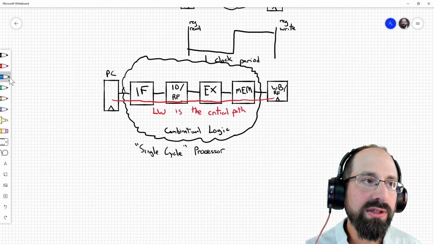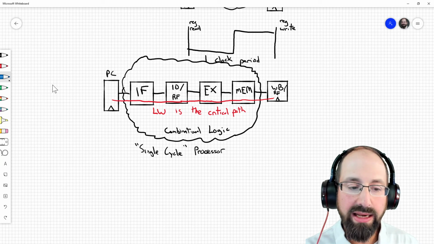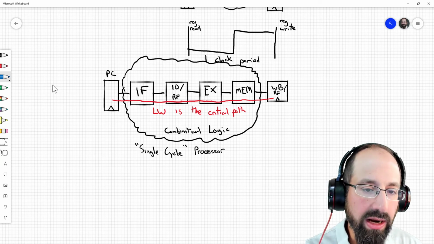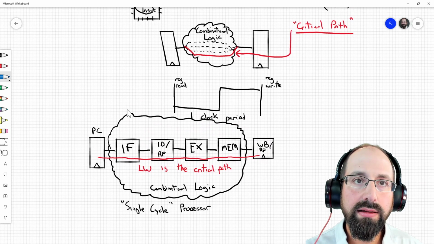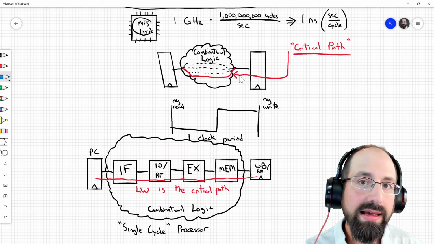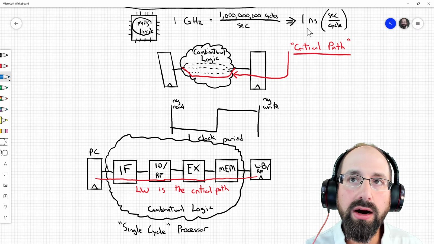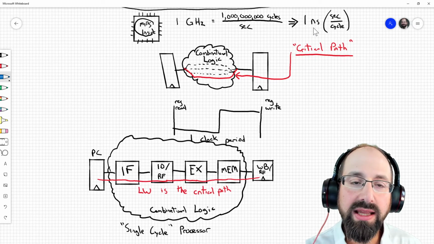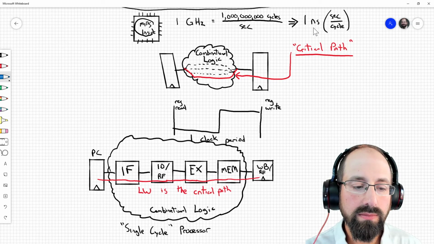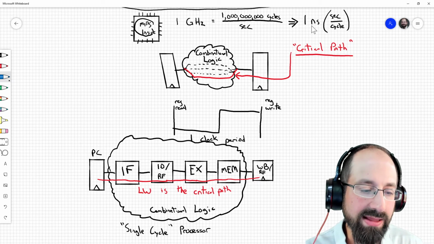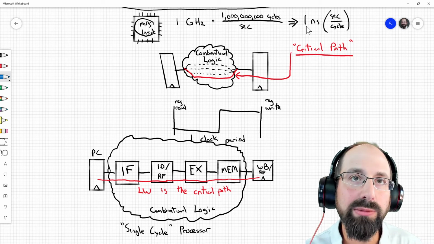And in terms of our implementation, again, the critical path of our processor is a physical thing. It dictates, for our logic not to be totally glitchy, what we can set our clock frequency to be. Basically, the inverse of our critical path is what we can set our maximum clock frequency to be.